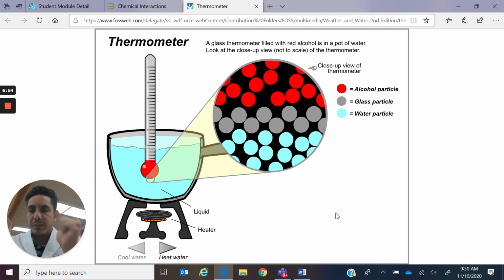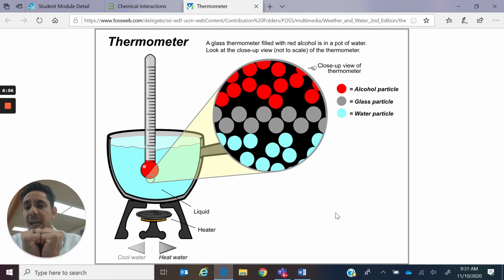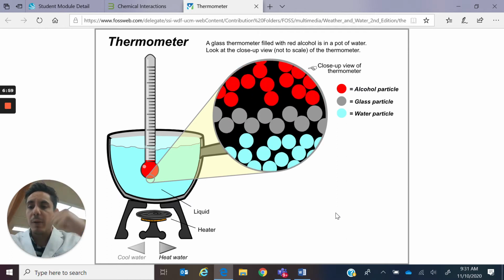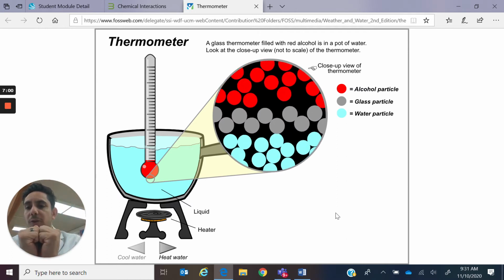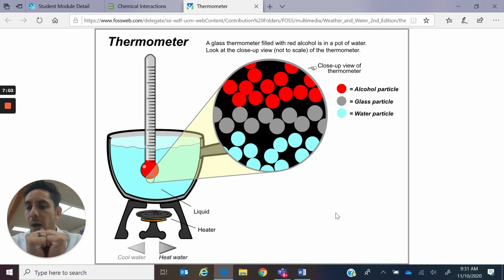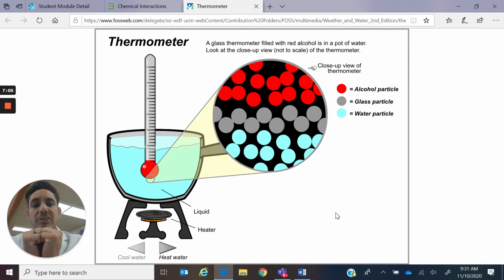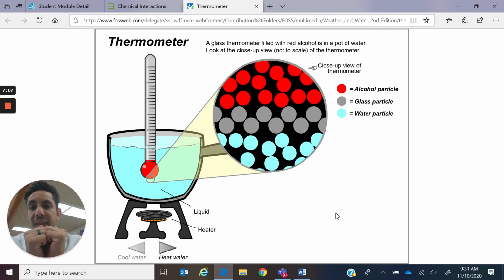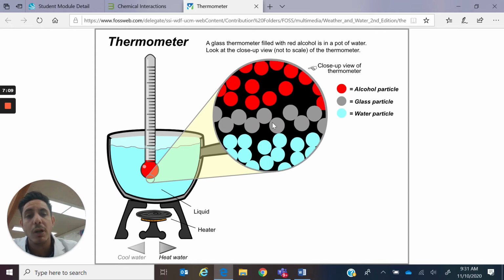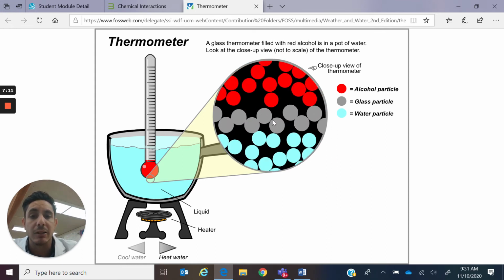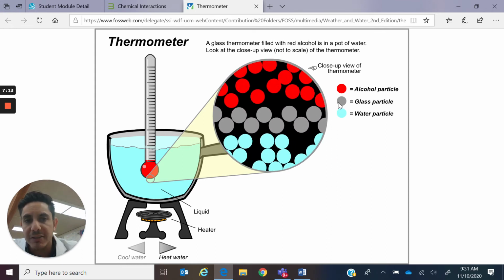With solids, solid particles are stuck together, right? They don't move. They don't fly around through the air. They don't move around each other. They're stuck in position because of their bonds. And so all that solids can do is vibrate. And that's what we're seeing right here in this picture. We have our particles vibrating, the solid particles. And that's the glass and gray.